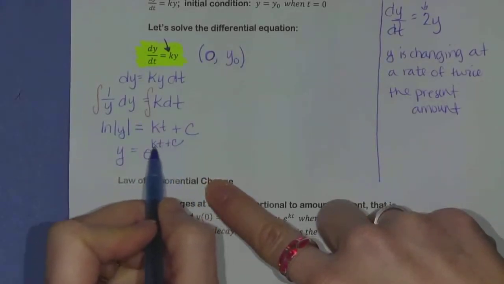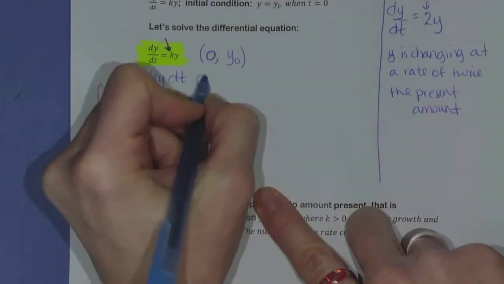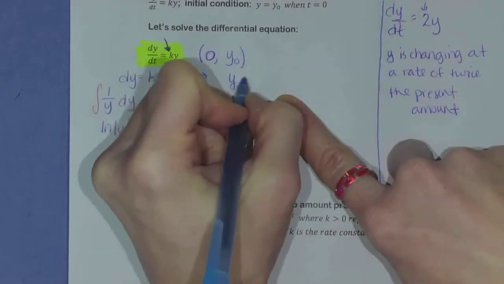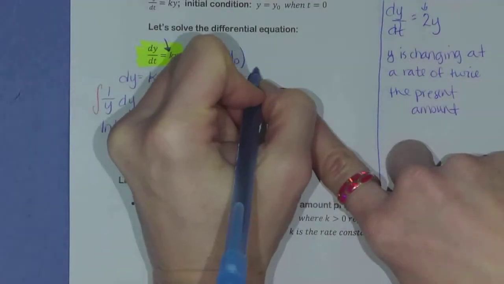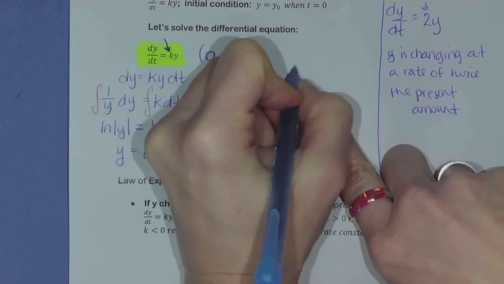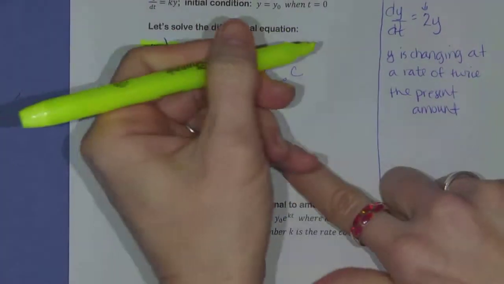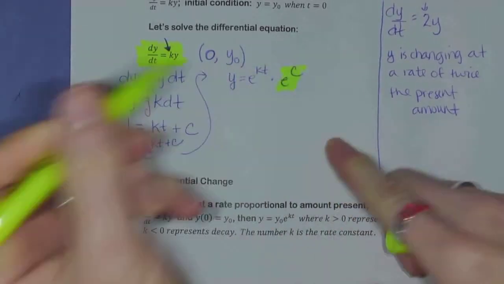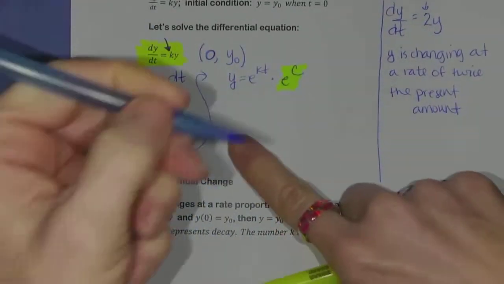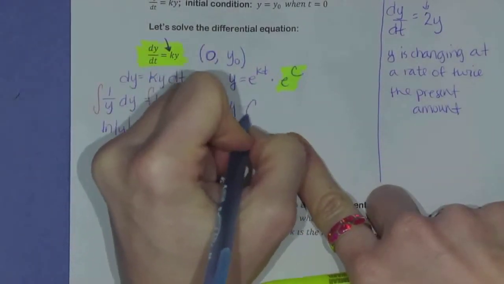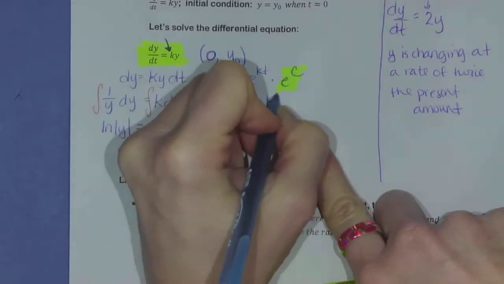Now I'm going to separate the kt and the c as we have done in the past and make it y equals e to the kt times e to the c. And then I'm going to turn this constant, e to the c, to what we know to be capital C, constant times e raised to the kt.